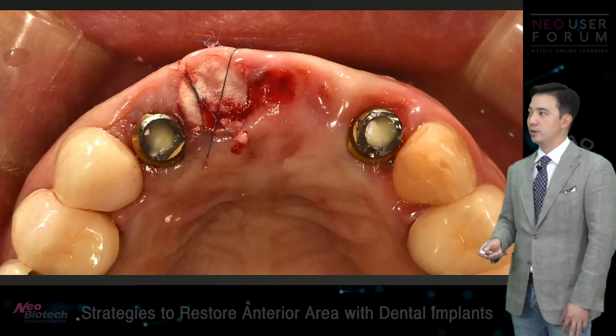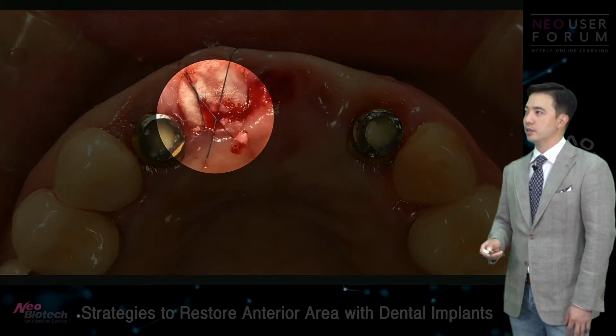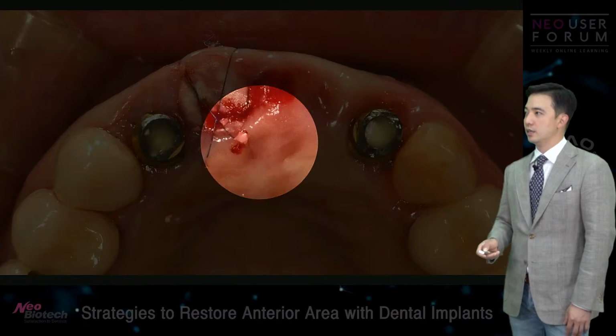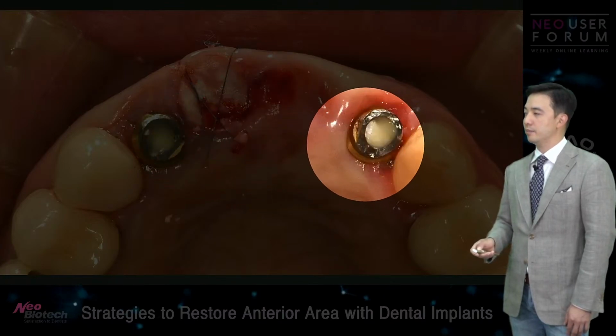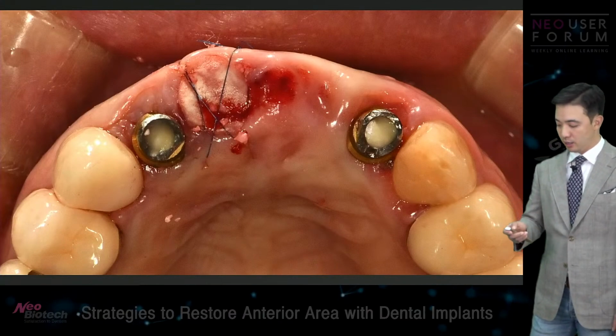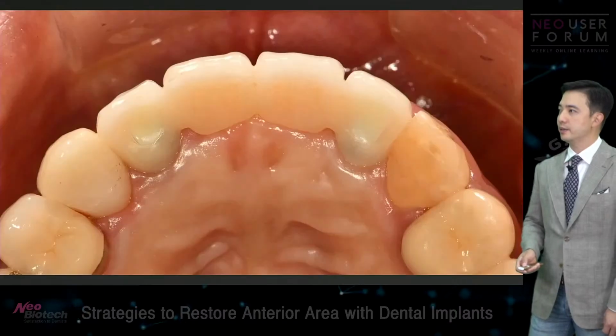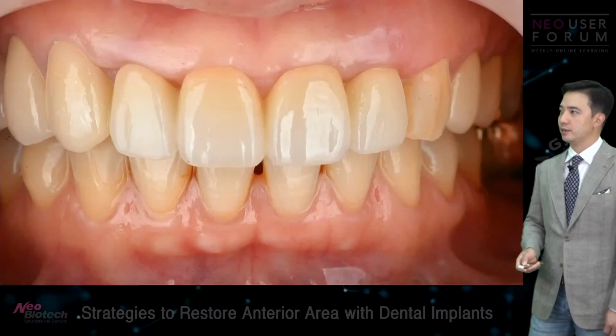I waited a couple more weeks and then took out number 11 and grafted the socket. By this time, number 22 was also osseointegrated. And this is what we got, and this is the final.